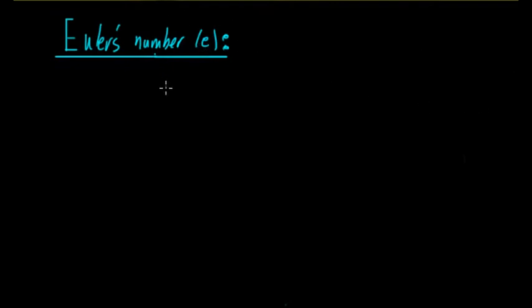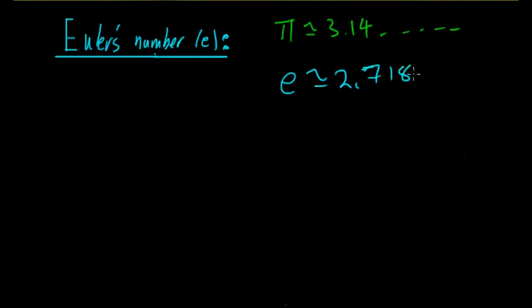However, it's often used for exponential and logarithmic equations, and you'll see it often replacing the standard rational numbers we've been using before. So as you remember, pi is approximately 3.14, and then it keeps on going. And e is similar, as e is approximately 2.718. Just remember that e is approximately 2.7.